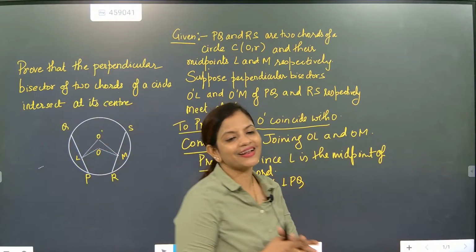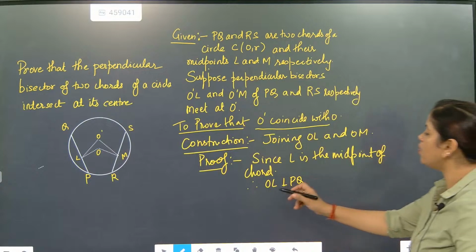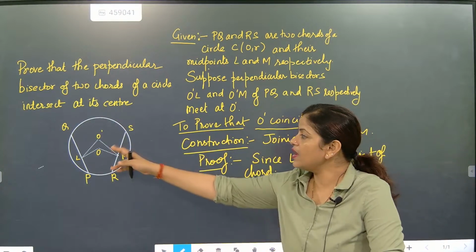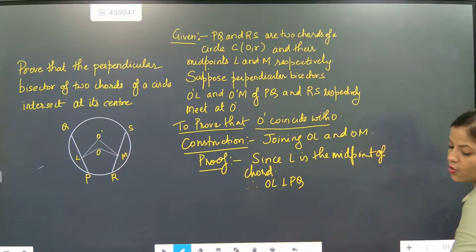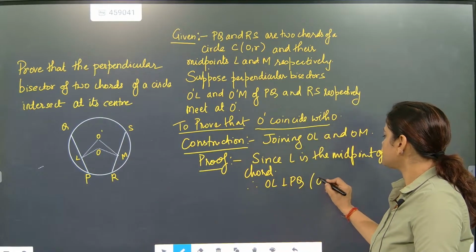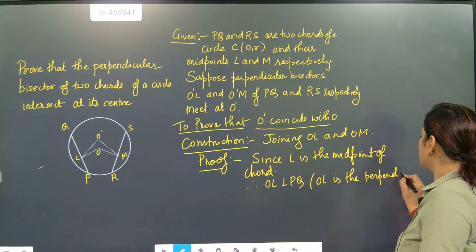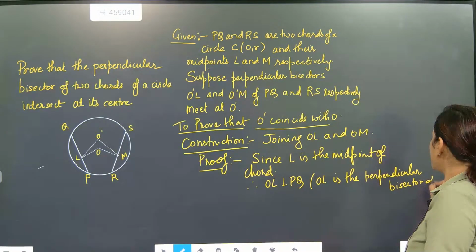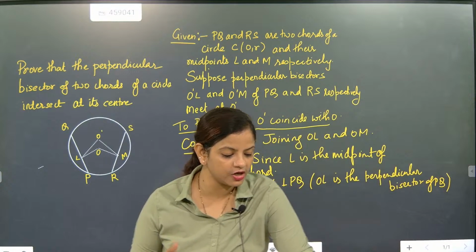Understood? Since OL is a perpendicular bisector of PQ, OL will divide PQ into two equal halves also. So OL becomes the perpendicular bisector of PQ.